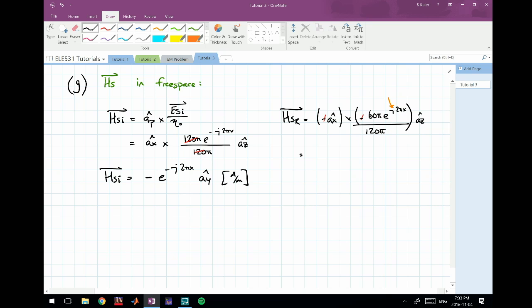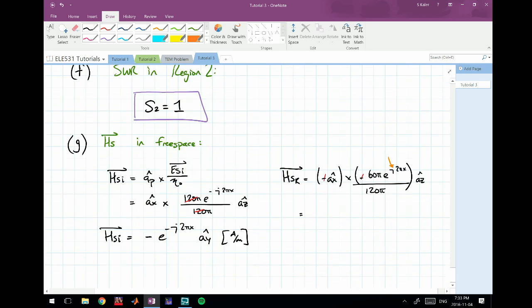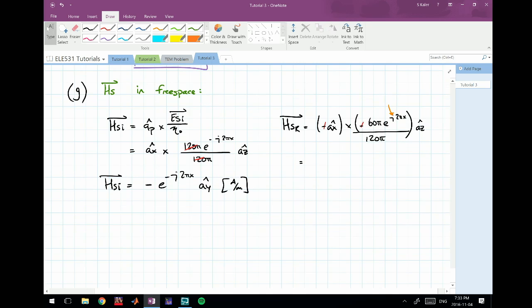So what I end up getting for the reflected wave: why is it minus? That's the way it's defined. The reflected wave doesn't always have to have a negative amplitude. That comes with the fact that our reflection coefficient is negative, but it can be positive too. If it's negative, it means it has a phase on it.